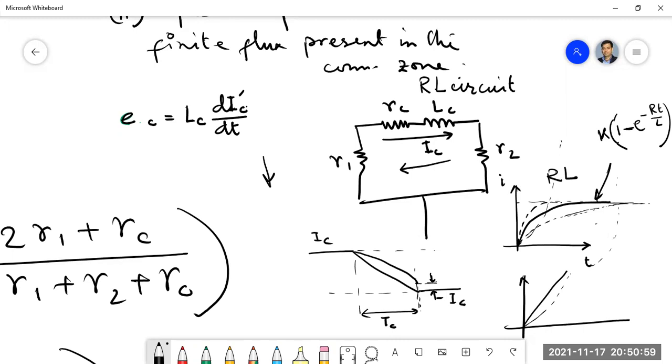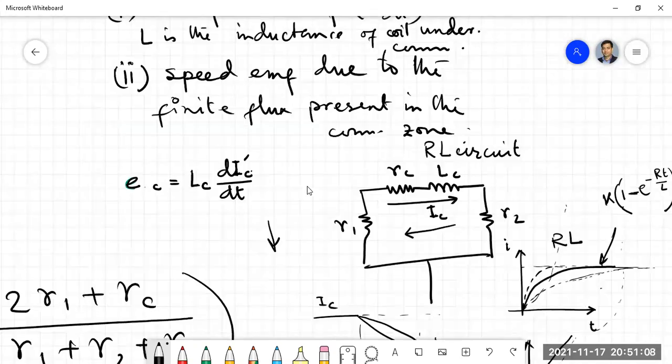Okay, how to overcome this problem I will discuss in the next class. To overcome this problem we will utilize the fourth option, that is the speed EMF.